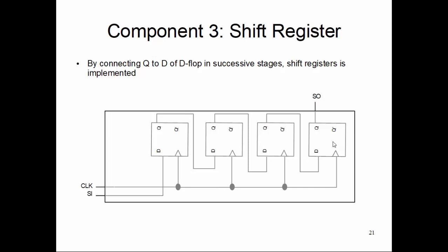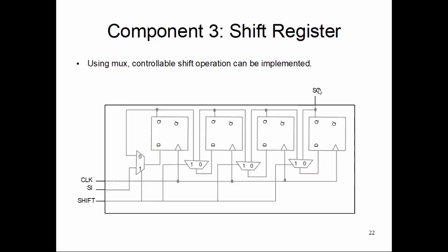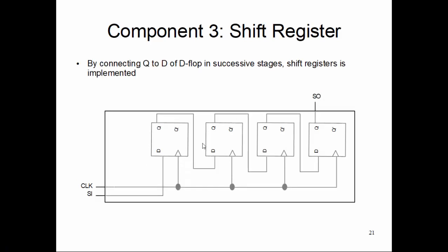So from this concept, now what we want to do is to control the shift. Okay, so in this configuration you cannot control the shift. Whatever is incoming you have to take, and then keep on shifting the bits and send it out, right?